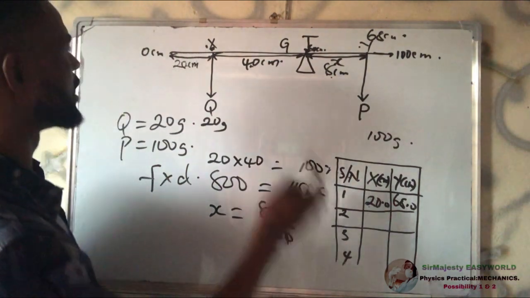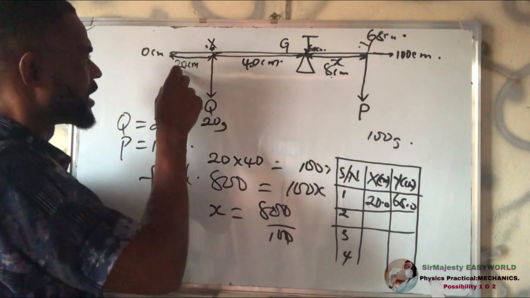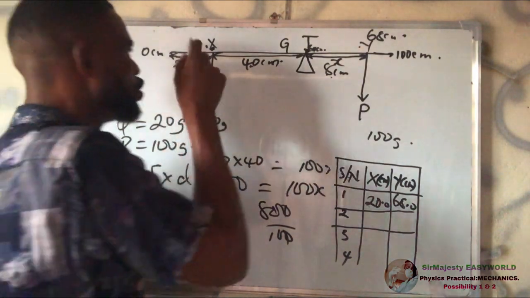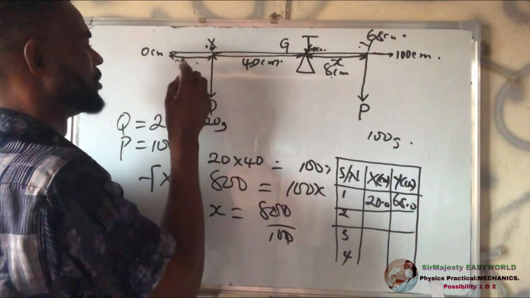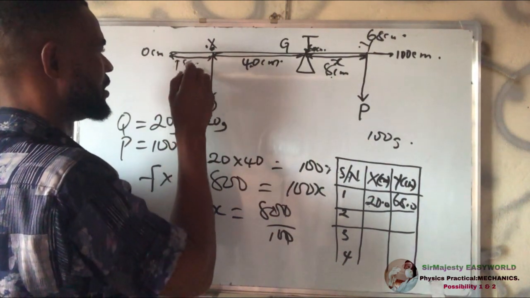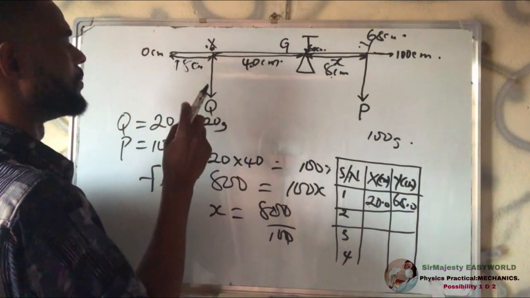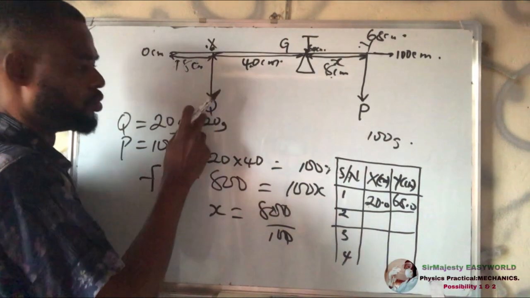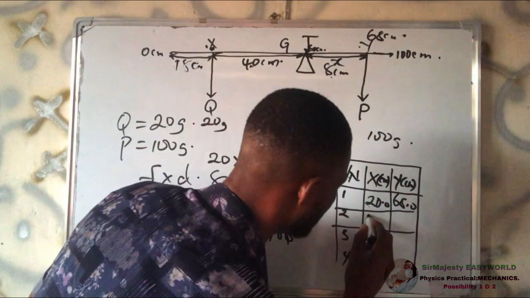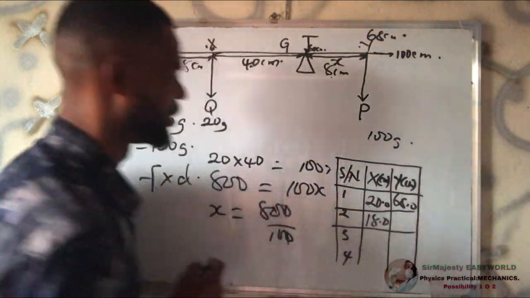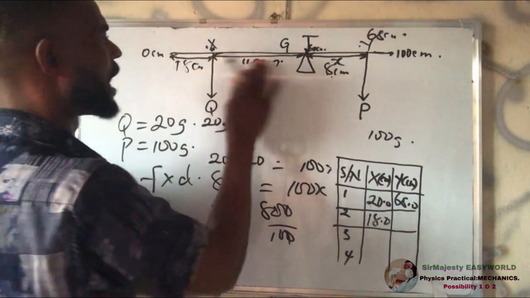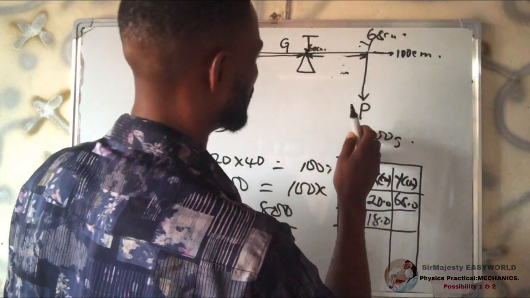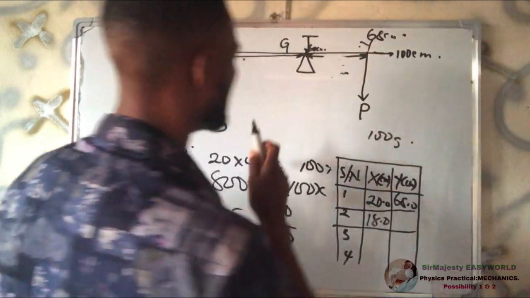Then the next question says, after doing the experiment at 20, change the position of q to 18 cm, the second distance. If it's 18 cm, the position x of q now becomes 18.0. Then when it is 18, how do we calculate the position y of p?